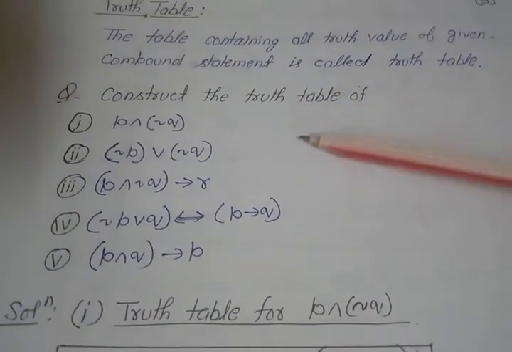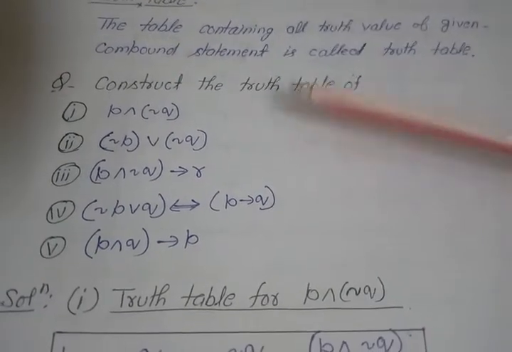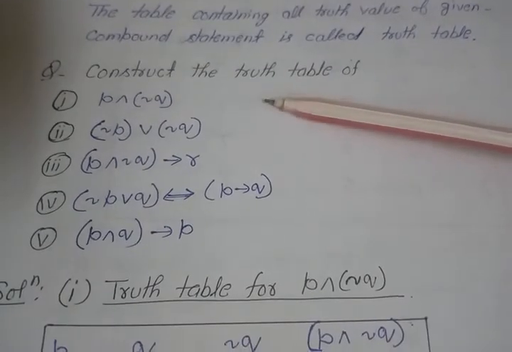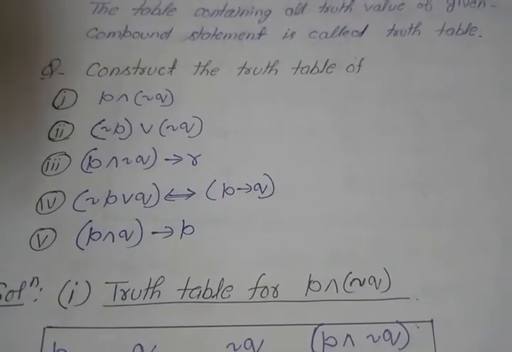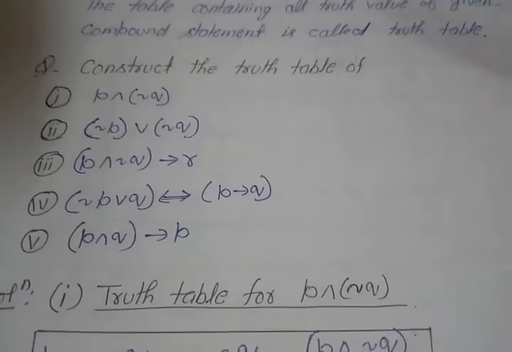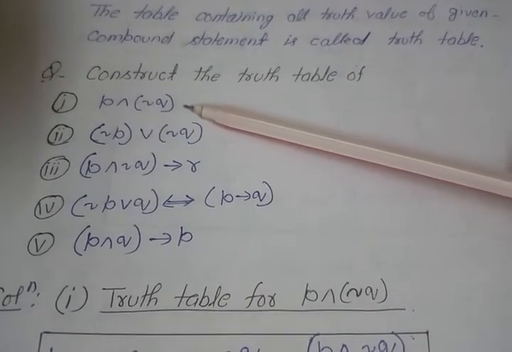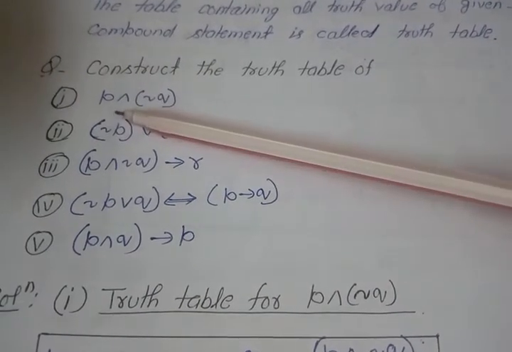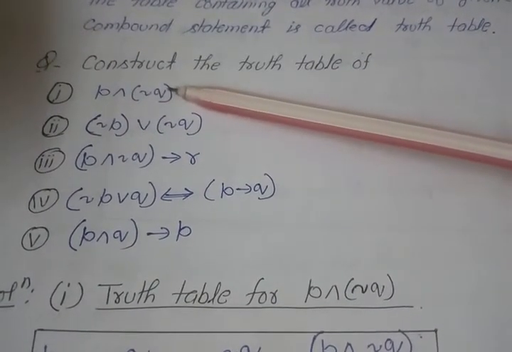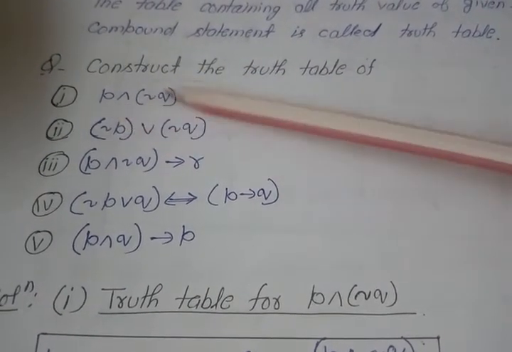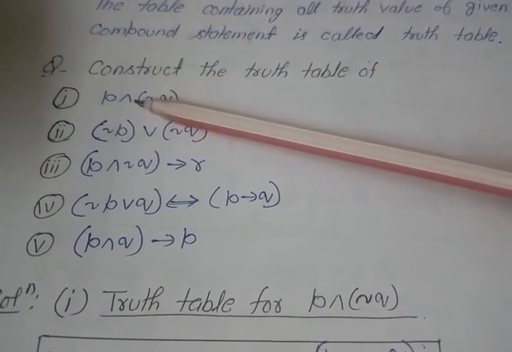Here one thing to remember: before starting the truth table we select the propositions P and Q as shown in the table below. If we have to construct the truth table for P conjunction negation of Q, then we first construct the column P, then column Q, then the column negation of Q, then we attach the first column with the third column by the connective AND. It is mentioned in the given table.